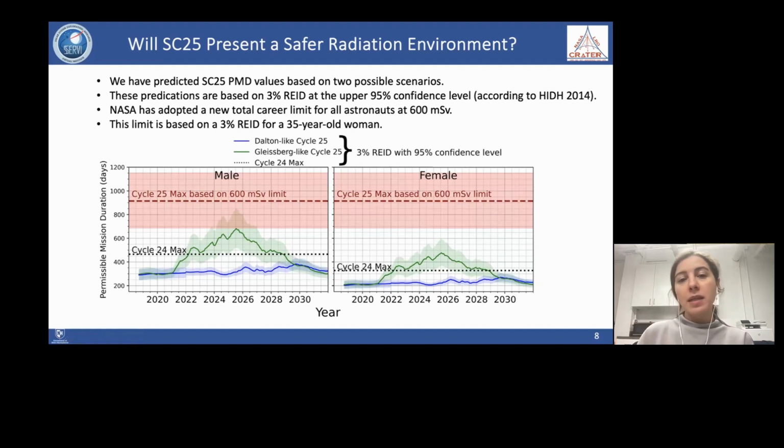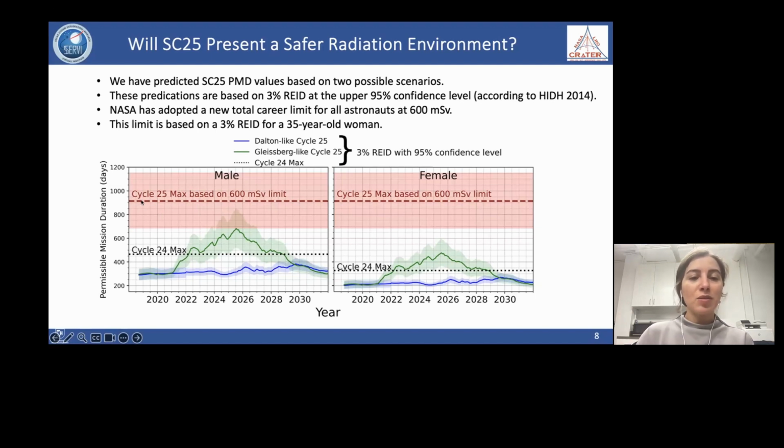That may sound more limiting, but since it has removed the 95% confidence level, it actually allows for higher values of effective dose exposure. So this has caused the new prediction for the maximum of cycle 25 permissible mission duration to increase by more than twofold. So this is what we see for both male and female astronauts at all ages.